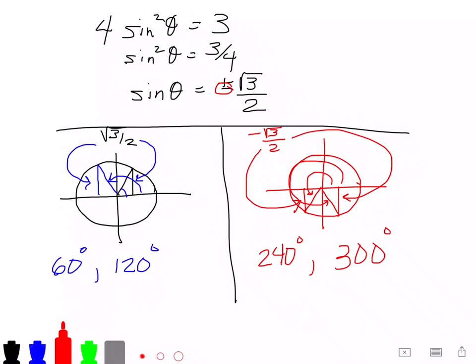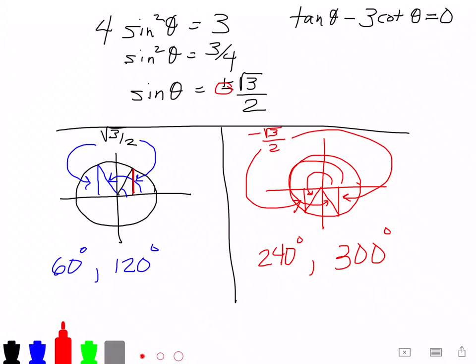Remember, my original equation was tangent of theta minus 3 times the cotangent of theta is equal to 0. Well, on this one here, let's do a red one.